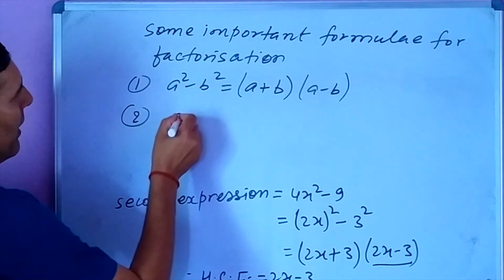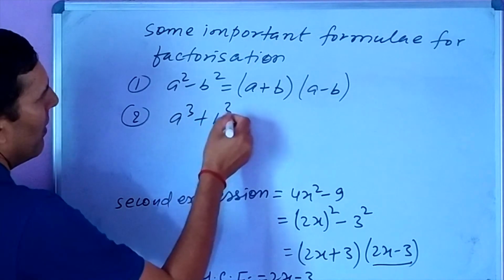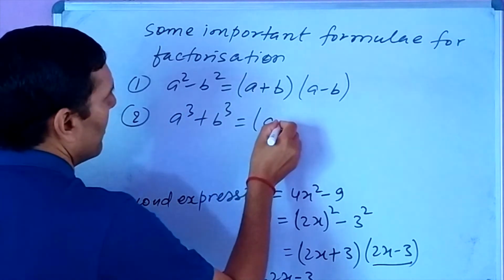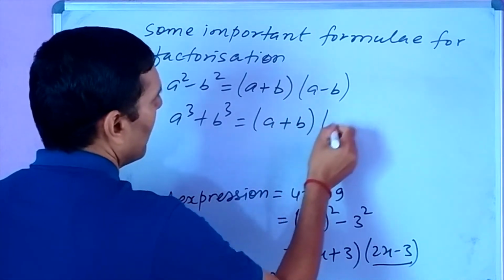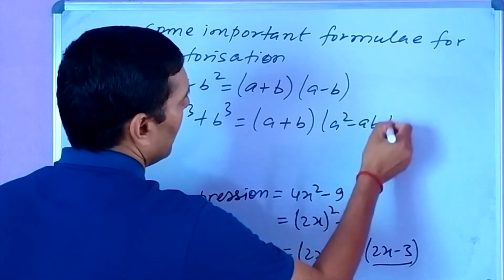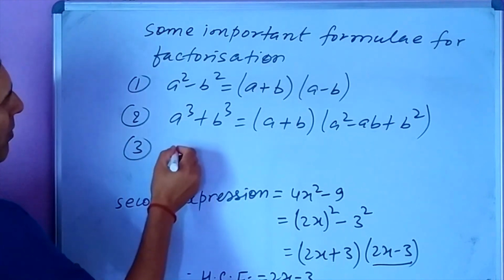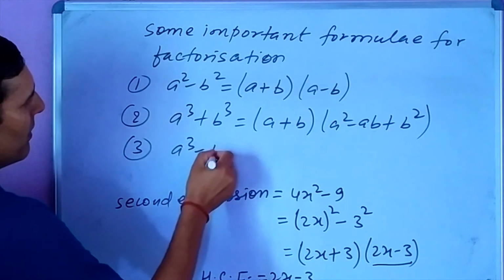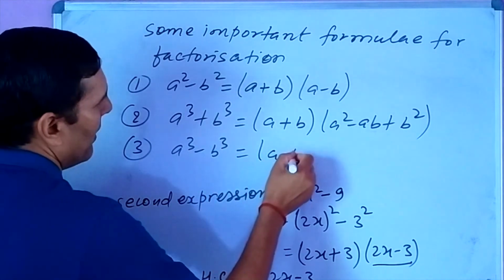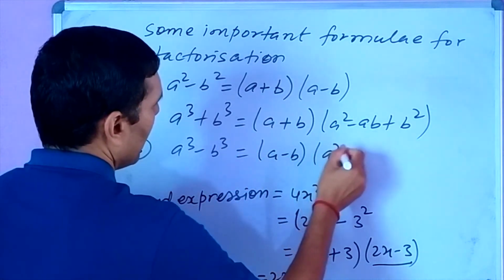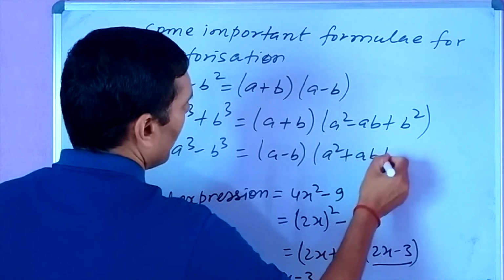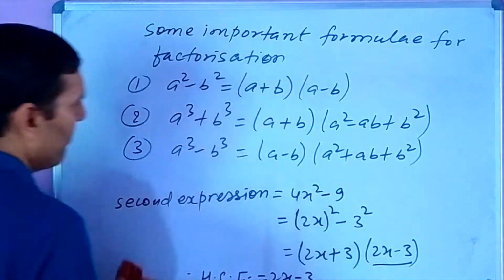Number 2, a cube plus b cube. We know that it gives two factors: a plus b, and a square minus ab plus b square. And number 3, we have a cube minus b cube also. It is a minus b times a square plus ab plus b square.